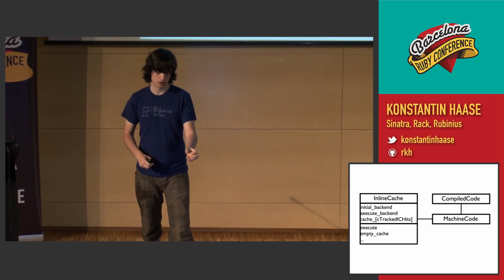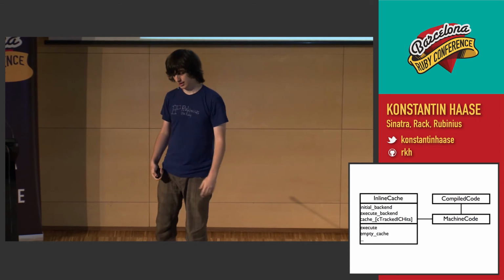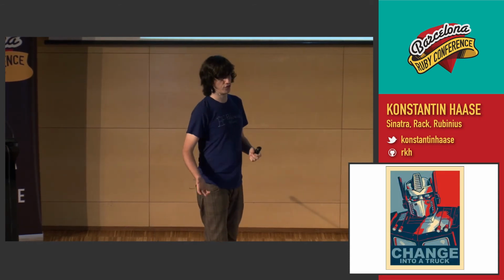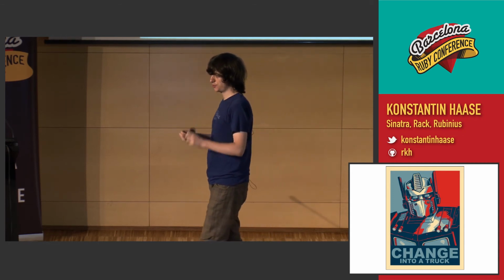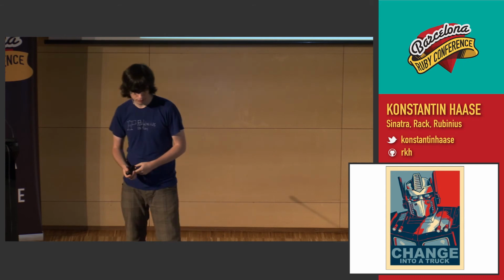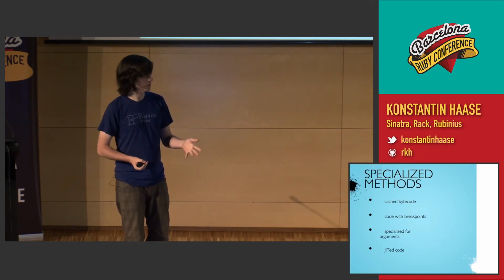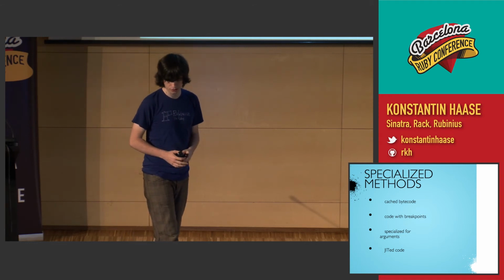And what it also allows you, since you reference the code at that point, it allows you to actually change that code, modify it, replace it with something else, with a specialized method. That specialized method can actually just be the cached bytecode, which is more or less the default.